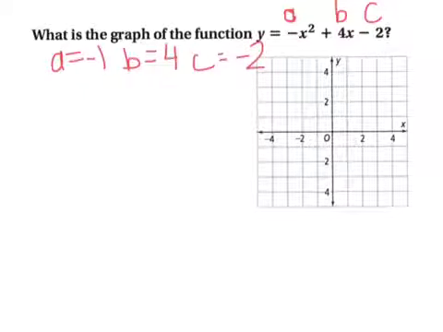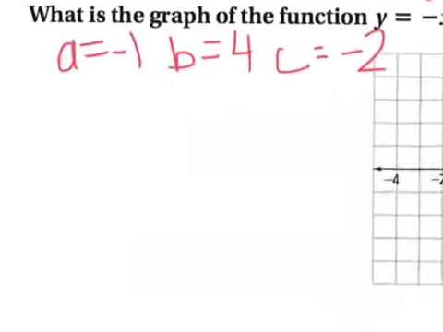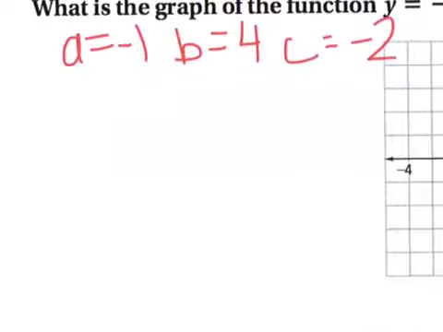Then I'm going to find my axis of symmetry, and I'm going to abbreviate that just because I have a small screen, so I'm going to zoom in here a little bit. I'm going to call it A.O.S. Remember that's the formula, negative b over 2a.